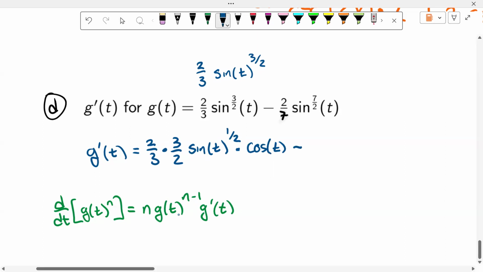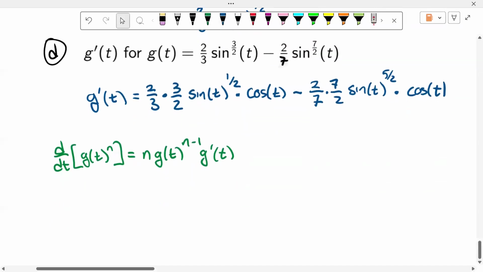All right, let's move on. The derivative of sine to the 7/2, can you guess what that's going to be? Okay, just move that 7/2 down. What will the new exponent of sine be? 5/2. And what do we do next? Cosine t. And that's it.